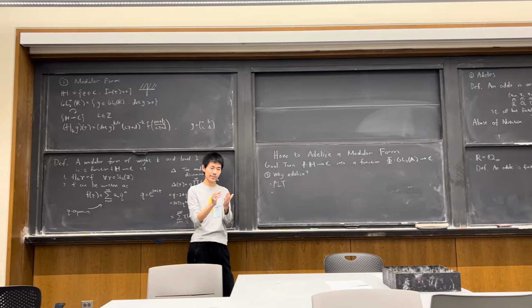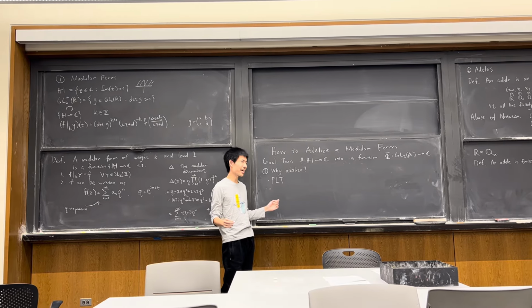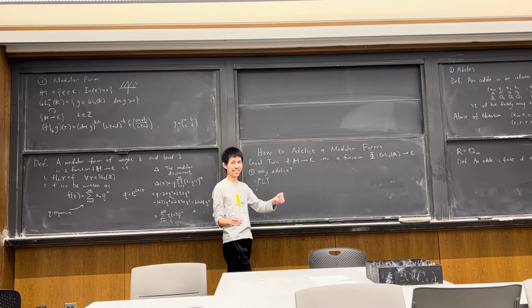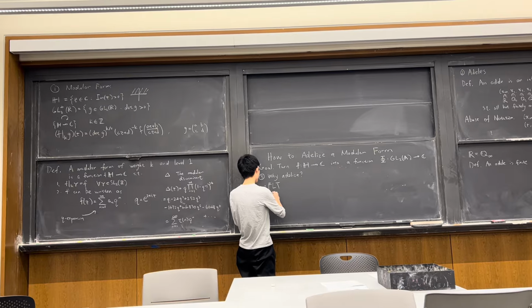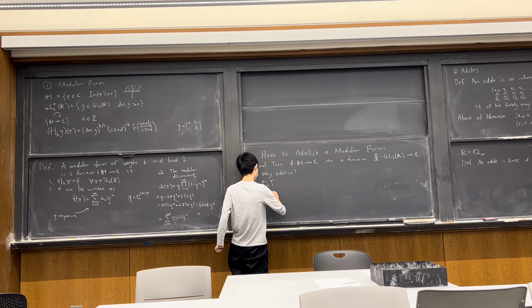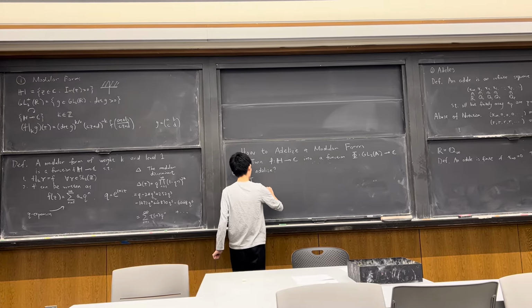Okay, so that's the historical viewpoint, but I haven't really explained why this adelization is helpful. So the reason for that is something called the philosophy of working locally, or local analysis.